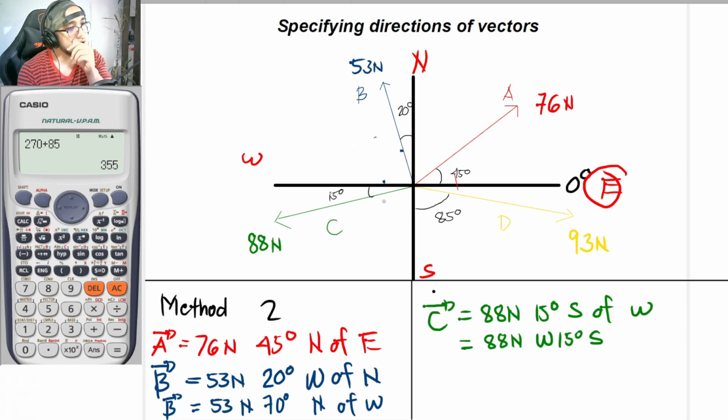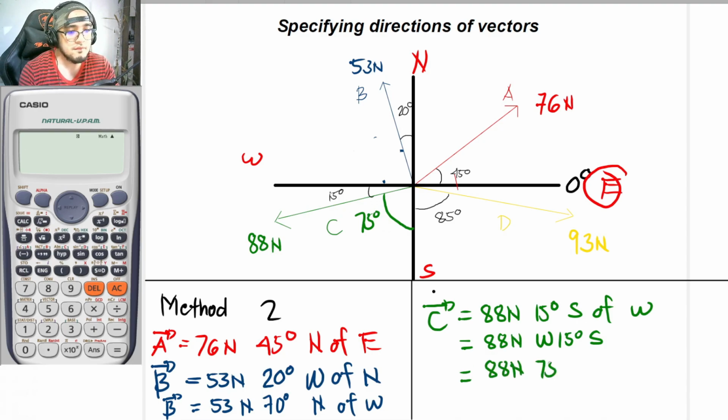And if you want this to be your reference angle, instead of this one here, you can do that actually. So if this is now to be 90 degrees, it means that this is now to be, sorry, 75 degrees, if I'm not mistaken. So, to avoid embarrassment, looking at the calculator, 90 minus 15, so that is now to be 75. So, correct. So, 75, and if you want this to be your basis, this is now to be equal to 88 newtons, 75 degrees west of south.